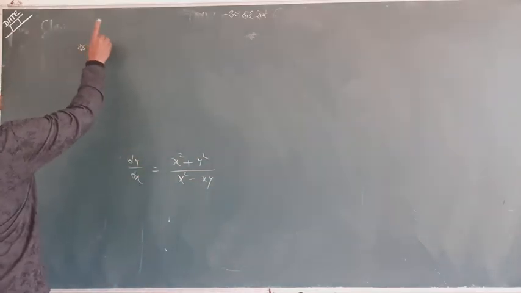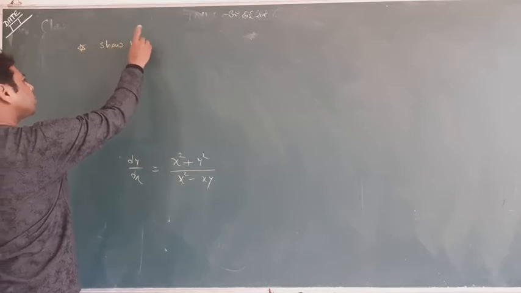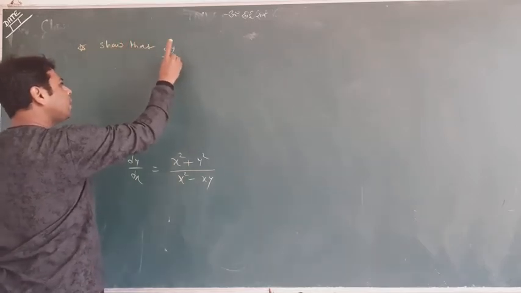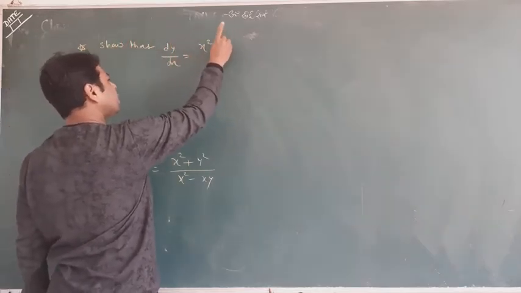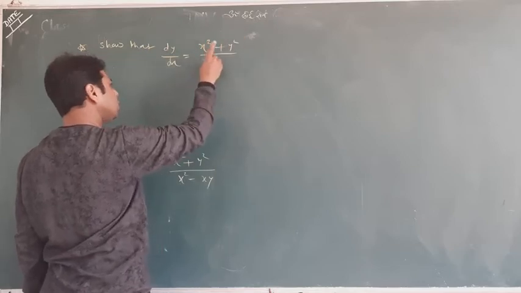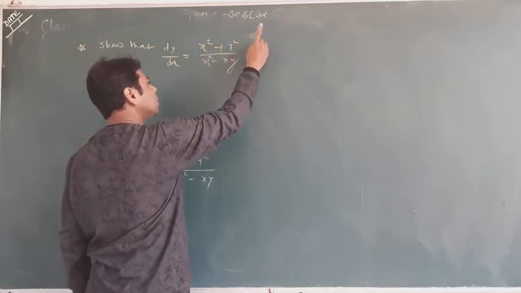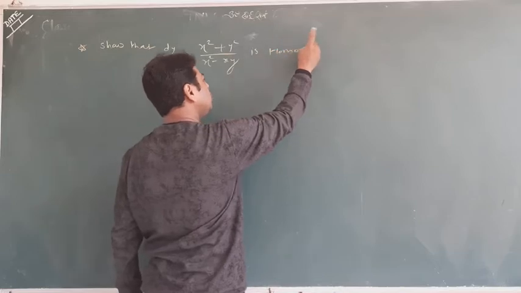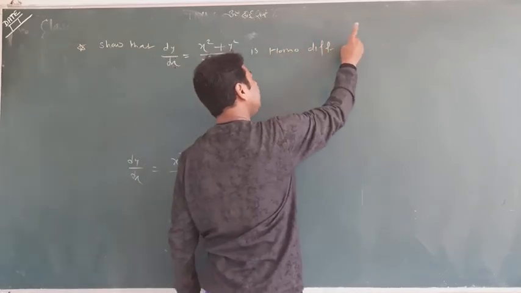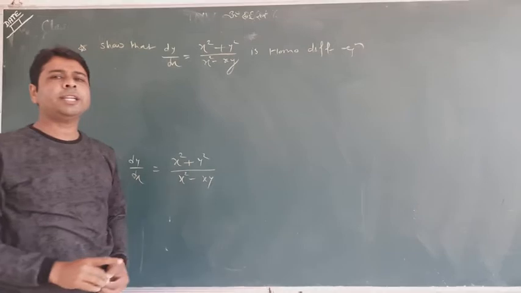When you are told, show that dy by dx is equal to x square plus y square upon x square minus xy is a homogeneous differential equation, this sentence may come.